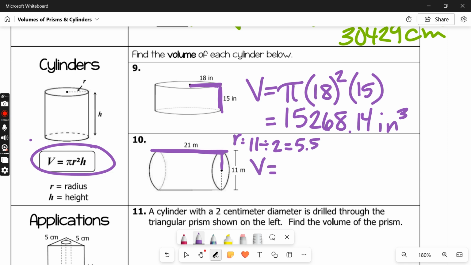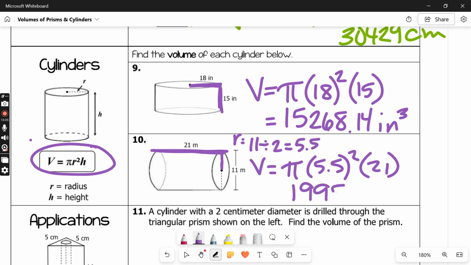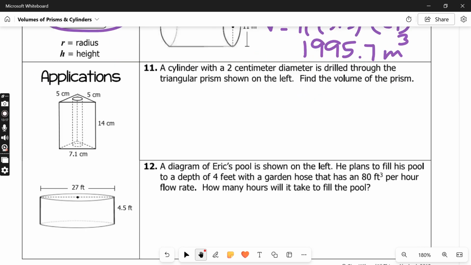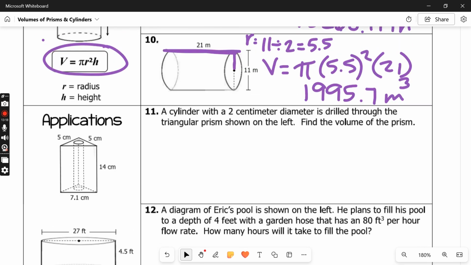So my volume is going to be pi times 5.5 squared times 21, which would be 1995.7 meters cubed. Okay, so cylinders, much more straightforward than trapezoidal and triangular prisms.